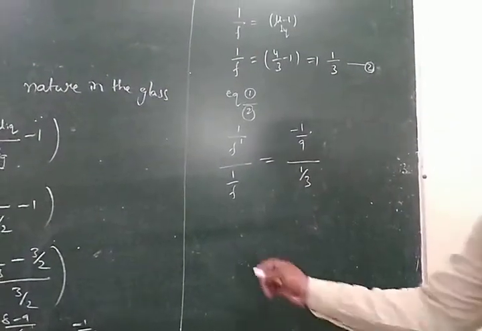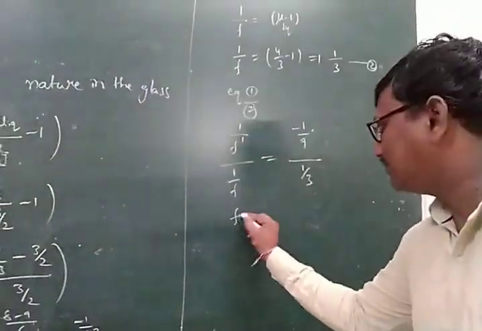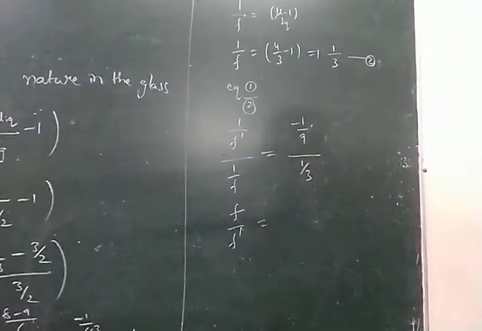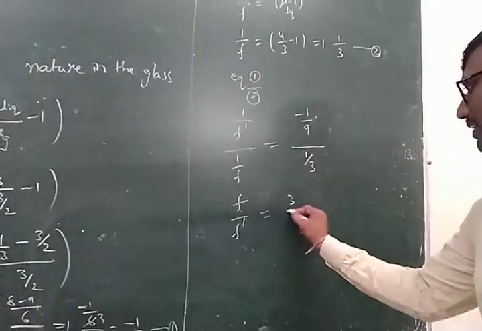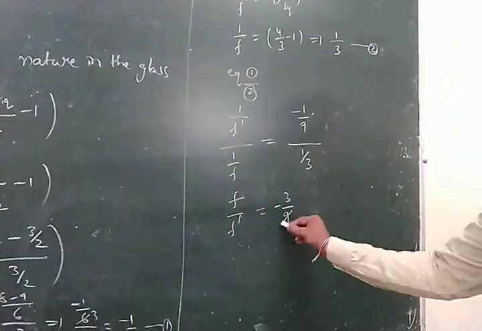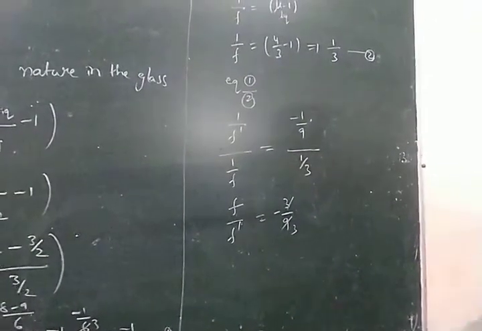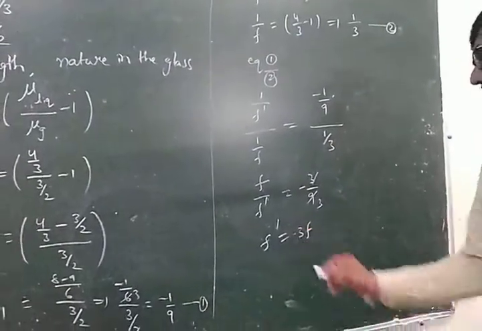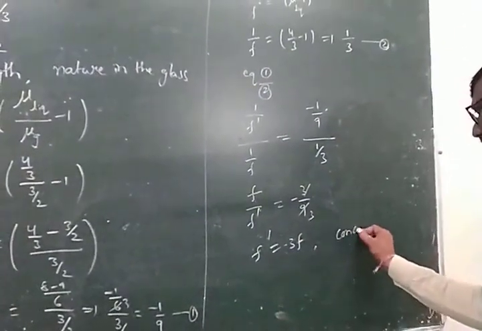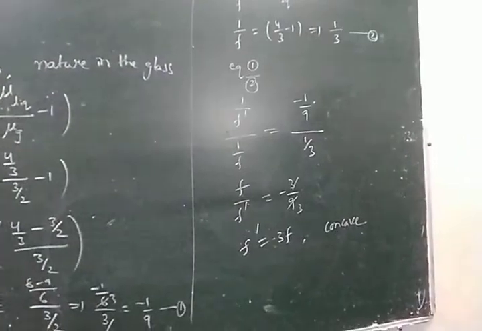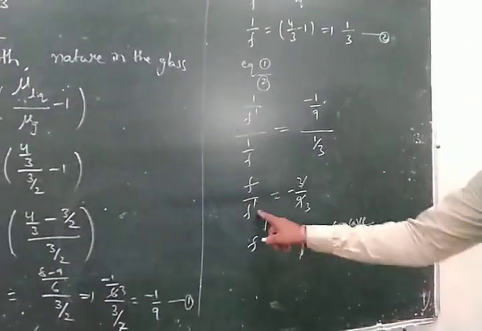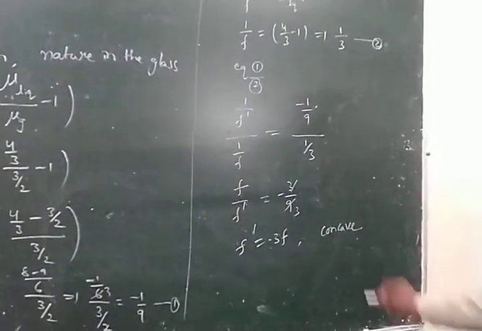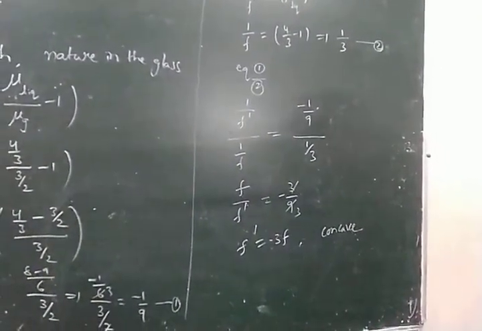So f by f dash is equal to 3 by minus 9, and 3 times is cancelled. So f dash is equal to minus 3 into f. The minus sign indicates concave. So the focal length of the liquid lens is f dash equals minus 3 f, and its nature is concave.